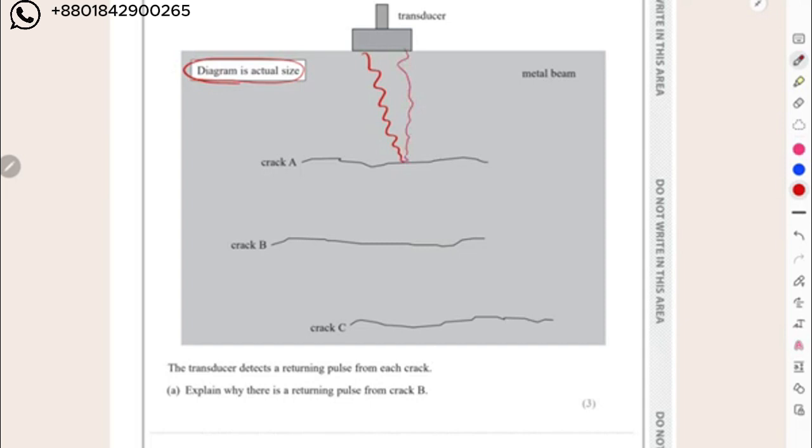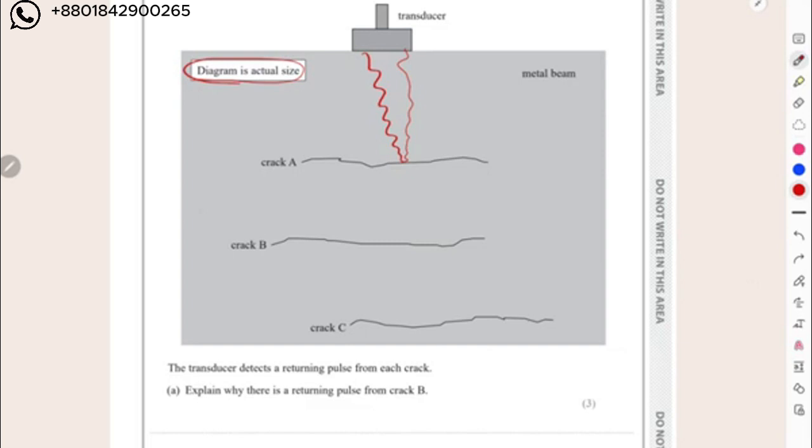Then how are you getting any reflections from crack B or crack C? Because any sound that enters this metal beam at crack A got reflected from this part, and we are not releasing any sound from other sides.